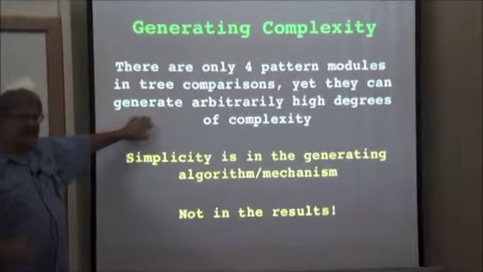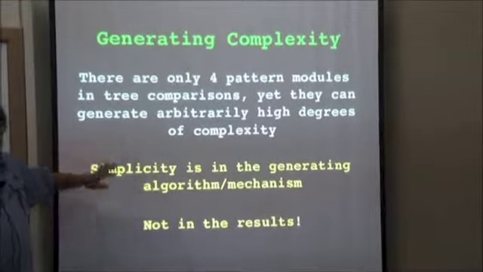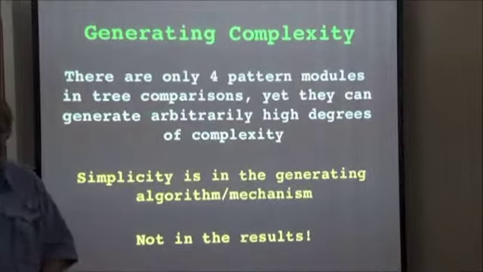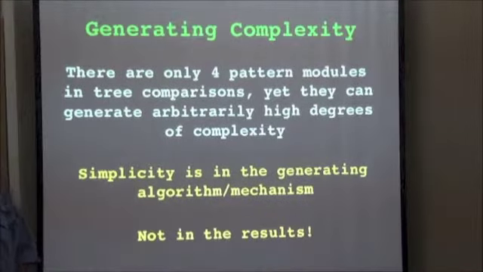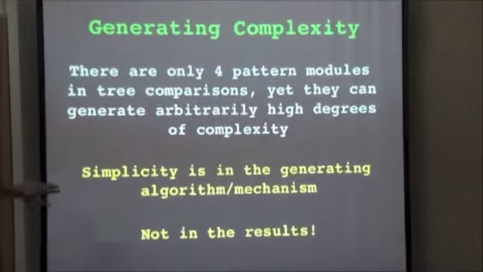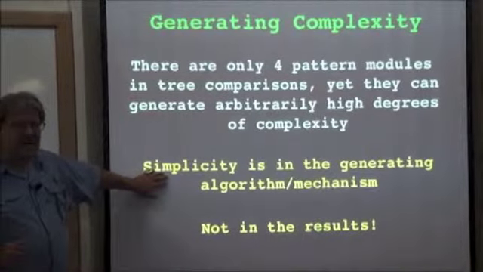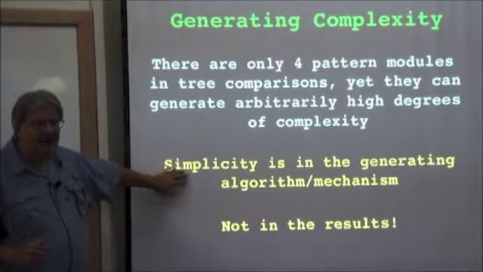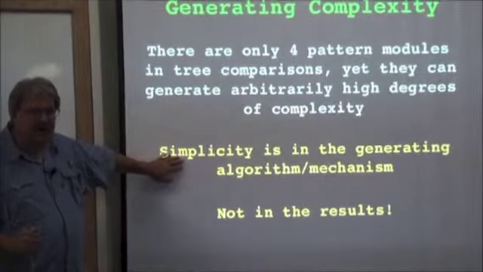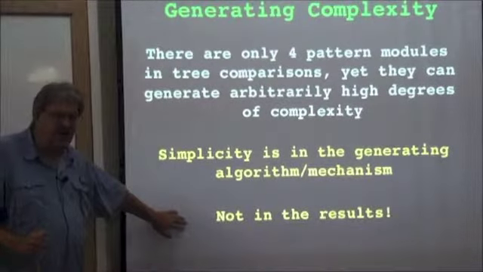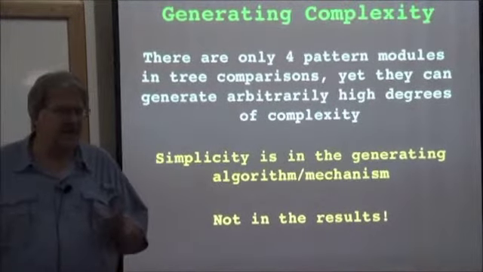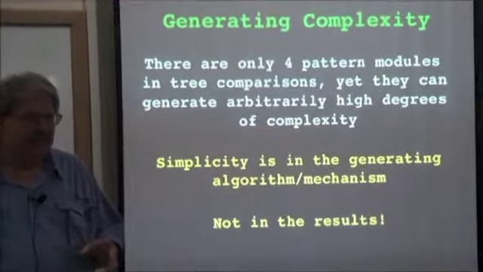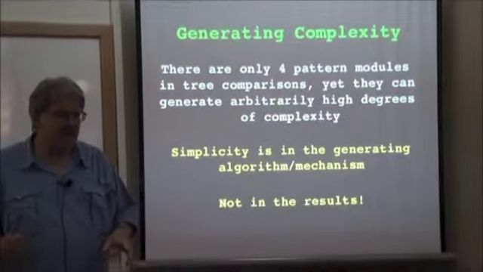And yet, they can generate arbitrarily high degrees of complexity. The simplicity is in how the diversity is generated. It's not in the results. That's been the fundamental mistake that we've been making up until this point.